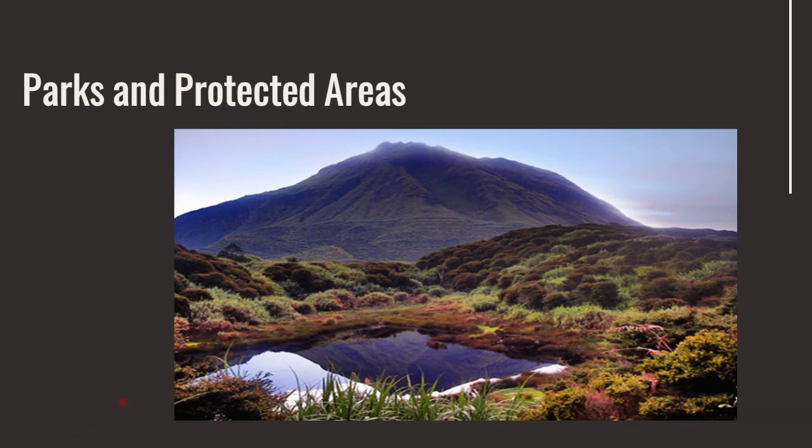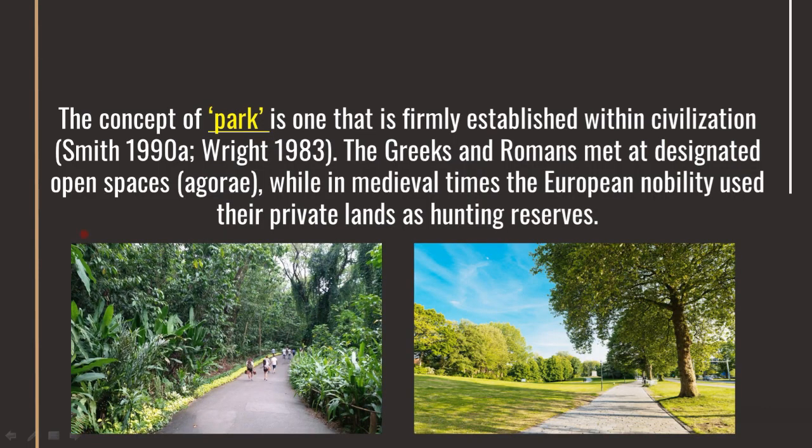So, the third element of the foundation of the ecotourism is the parks and protected areas. So, ano ba yung tinatawag natin na park? So, the concept of park is one that is firmly established within civilization, or the Greeks and Romans met at a designated open spaces, or the agora, while in medieval times, the European nobility used their private lands as hunting reserves.